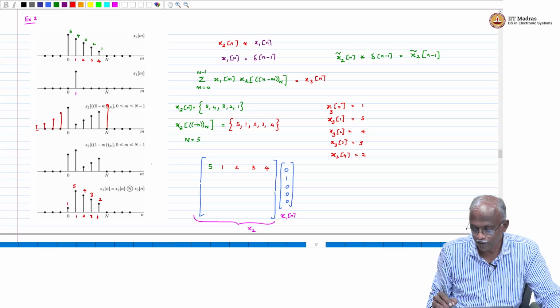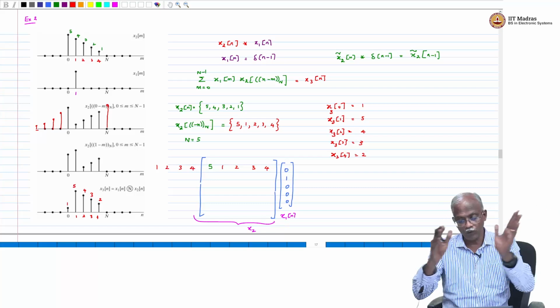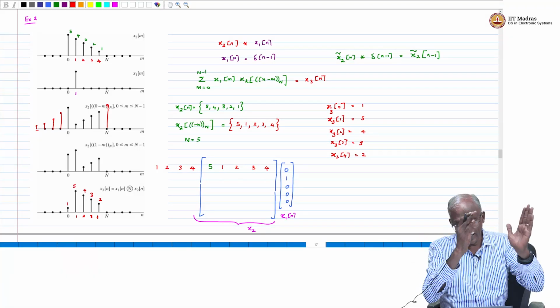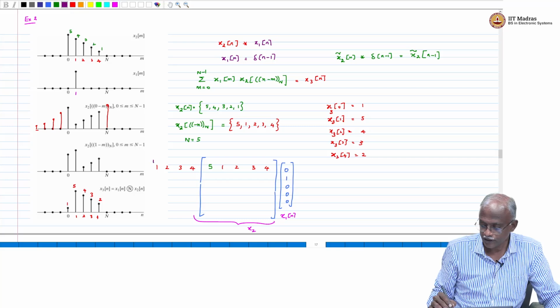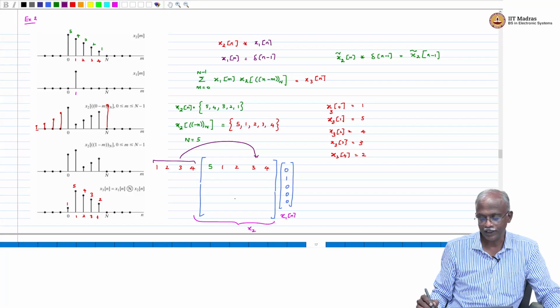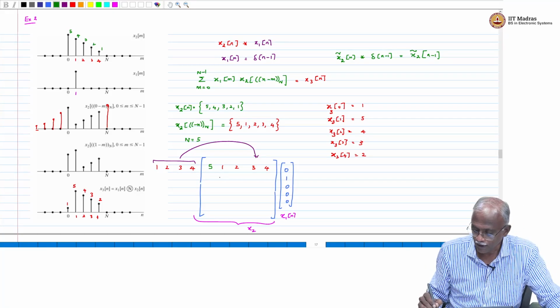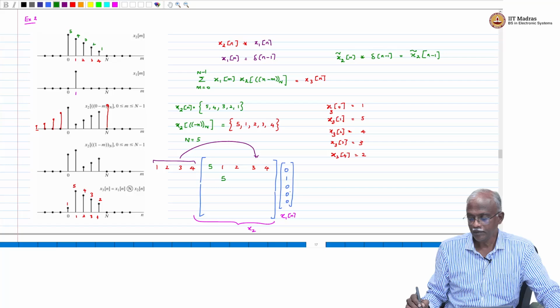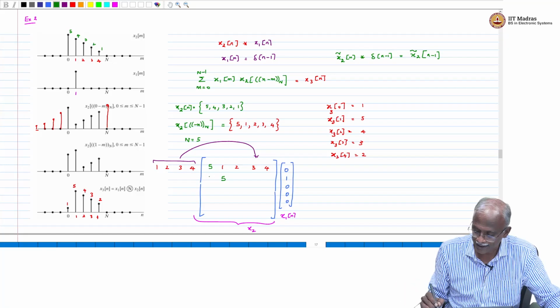So where is this coming from? 1, 2, 3, 4 is what was there before, and that is what is being captured here. For the circular convolution, this has been brought here. Next sample, you have 5, corresponding operation.